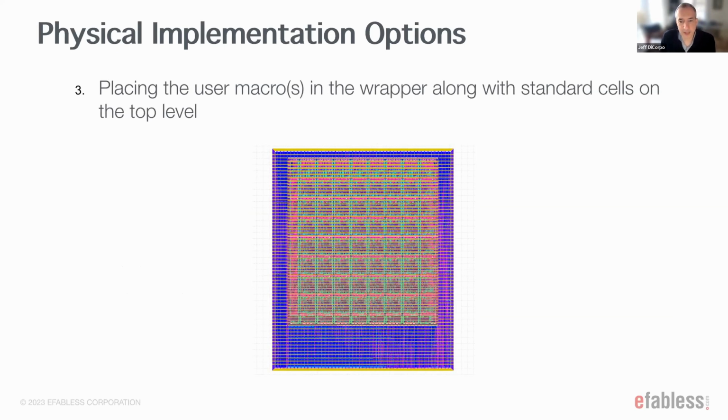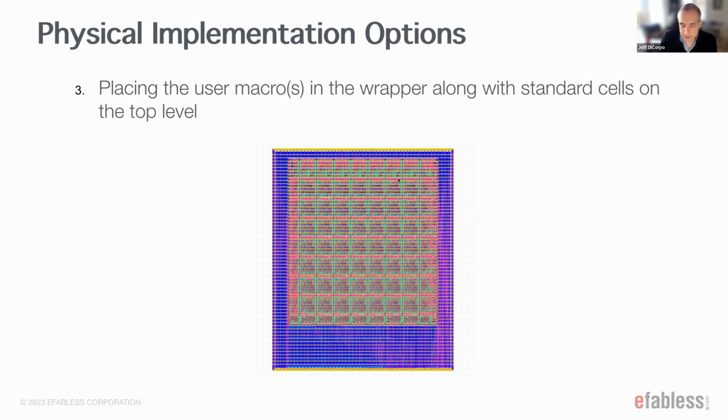All right, the third example here is the one I mentioned, where you're integrating multiple macros at the top level. This is one example shown with, I believe, our Clear project. We're going to see this in a little bit, but this is an example where you have multiple macros that you pre-harden.